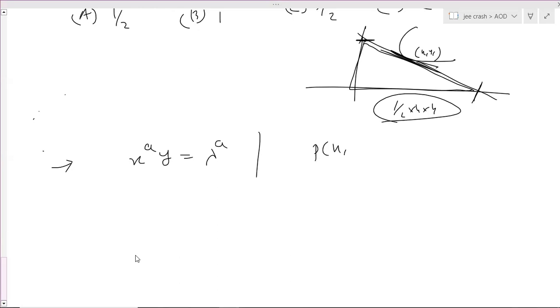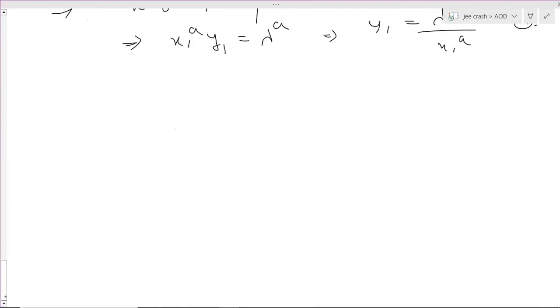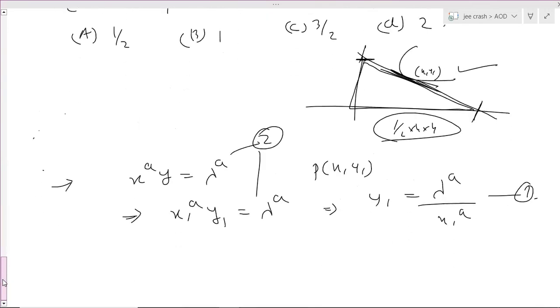Let P(x1, y1) be that point. So we can put this point here: x1 to the power a y1 equals lambda to the power a. So y1 equals lambda to the power a upon x1 to the power a. This is our equation 1. Let this be equation 2. Because they have given us the tangent, let's find the slope of the tangent, or the equation of the tangent. So let's differentiate this. Can anyone tell me what is the differentiation of this function?